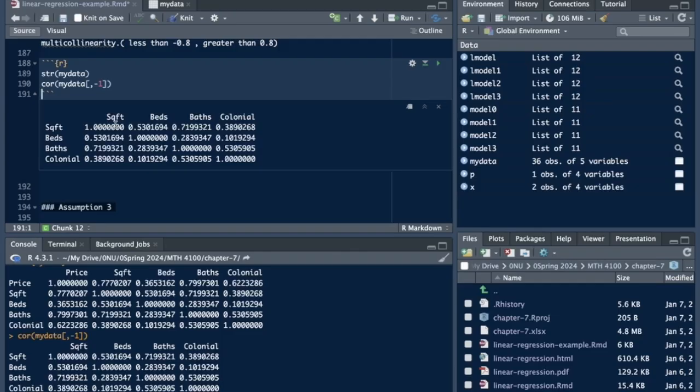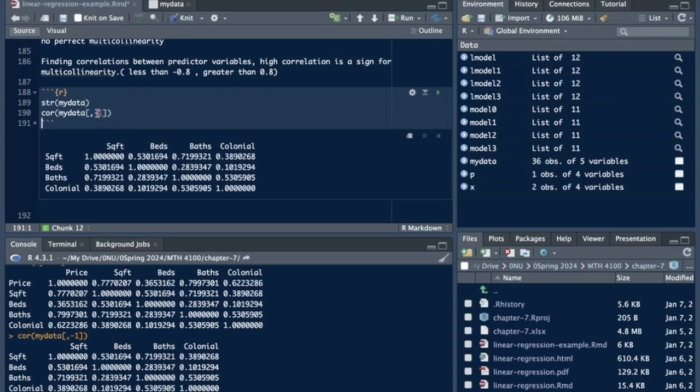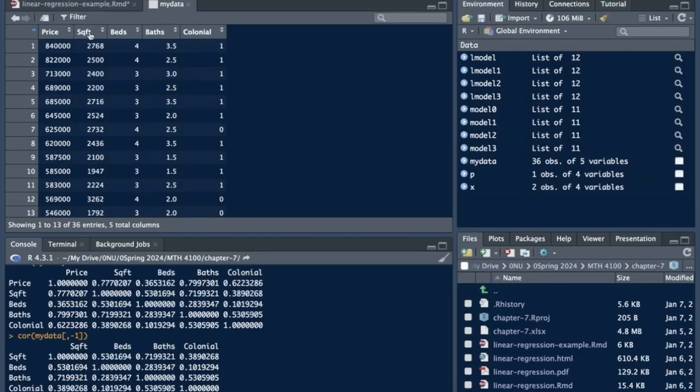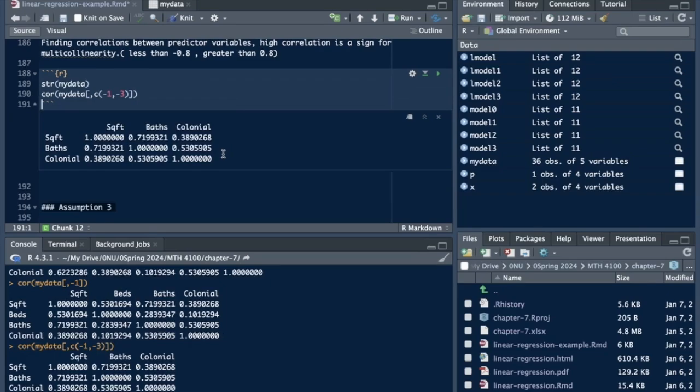It's 100%, or 1. Also, we would like to take off the beds, because beds is not part of our model. If you look at my data, this is the first column, second, third column. So we're going to exclude the third column as well. So now we are good.